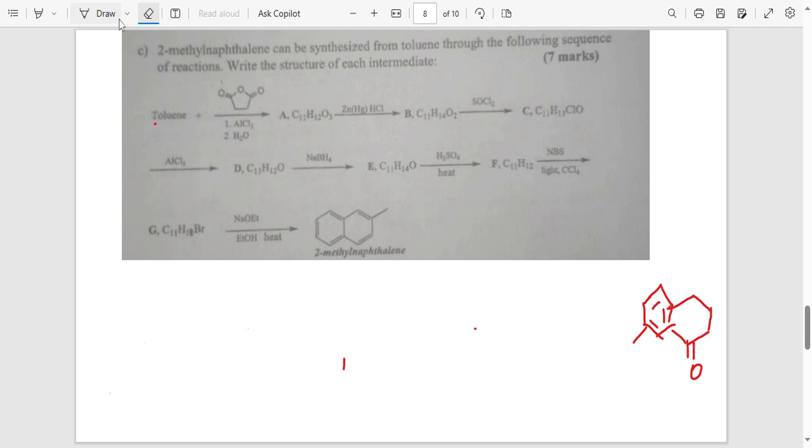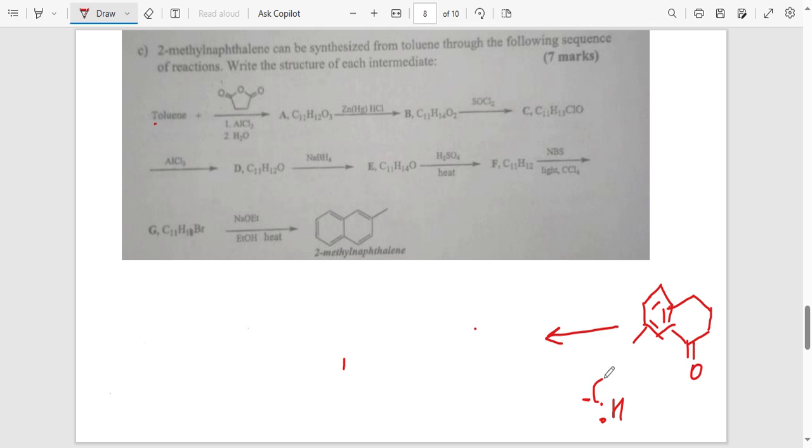Every time you see sodium borohydride, you just get hydride, which is a proton with a negative charge. So when you use sodium borohydride, you convert a carbonyl group into an alcohol functional group.